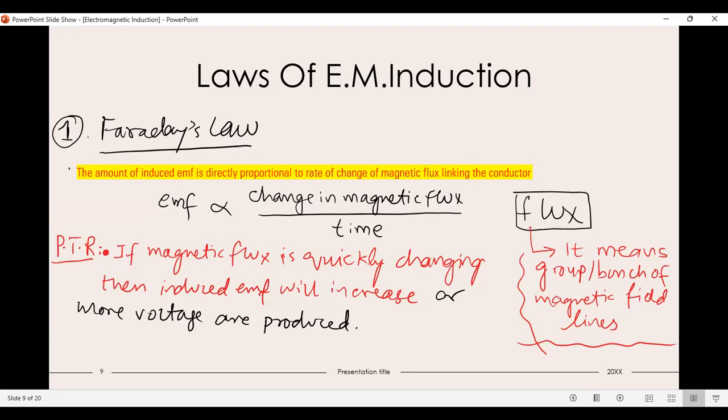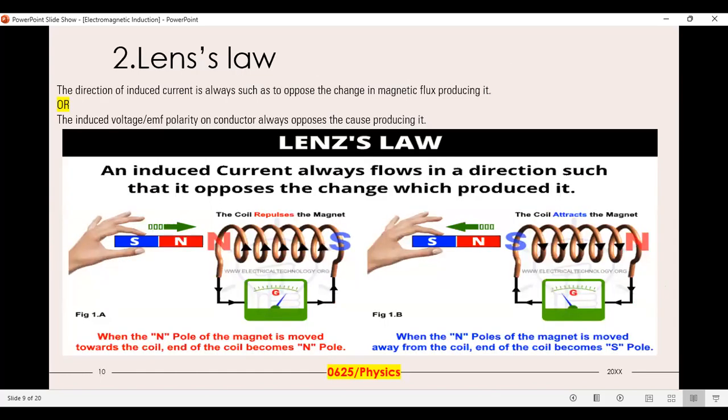So Faraday proposed that the amount of induced EMF, or the voltage produced in the conductor or coil, is directly proportional to the rate of change in magnetic flux. It means if the magnetic flux is changing quickly, which can be done by moving the magnet faster or moving the coil faster or moving the wire faster, then you can get a higher value of induced EMF or voltage.